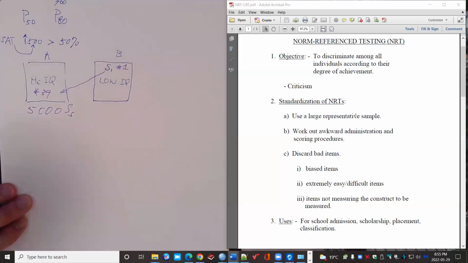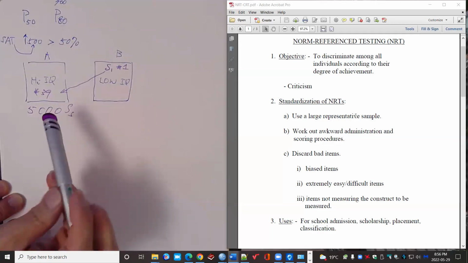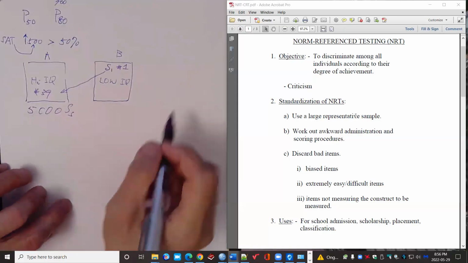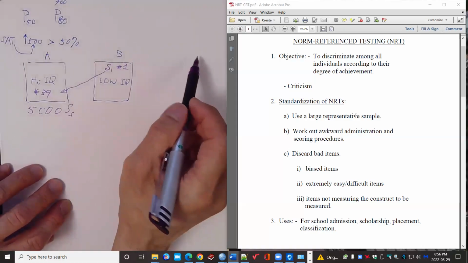From the population where most of the students who are going to write the test come from, say urban or rural area, sex, age, race, that type of thing. Okay, so we sample from the population of students.